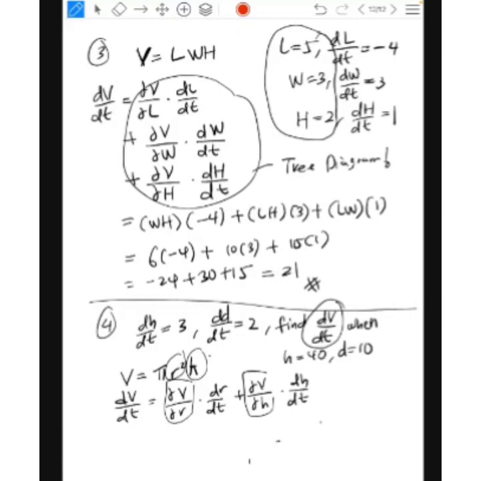But the question gives you d, which is diameter. How do you find radius from diameter? Diameter is 2 times radius, or radius equals d over 2. So dr/dt, 2 divided by 2, gives 1. When d equals 10, your r is 10 divided by 2, which is 5. So you use this information to find dV/dt.